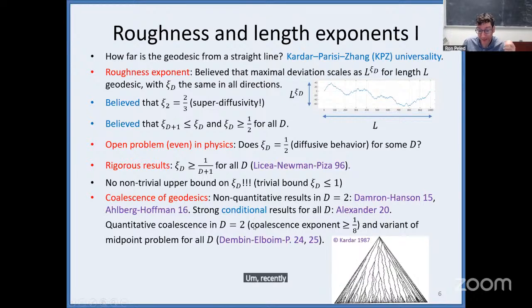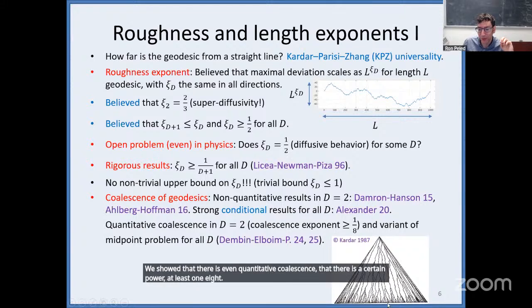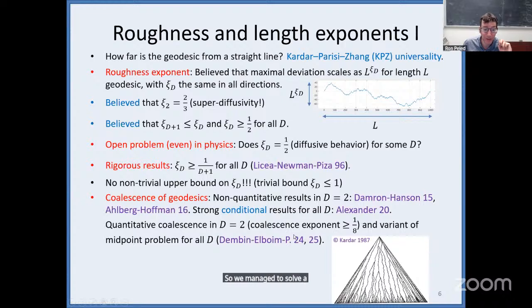Recently, in work with Barbara and Dor Elboim, we showed that there is even quantitative coalescence, that there is a certain power, at least 1/8, such that if the endpoints and the starting points of two geodesics are within L to the 1/8 from each other, they will coalesce. So we managed to solve a quantitative coalescence problem.